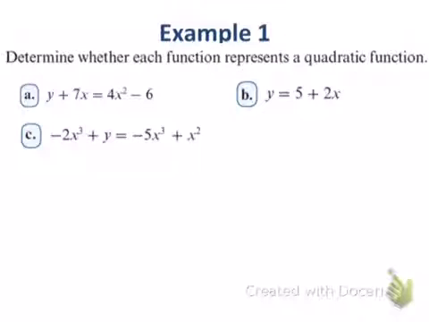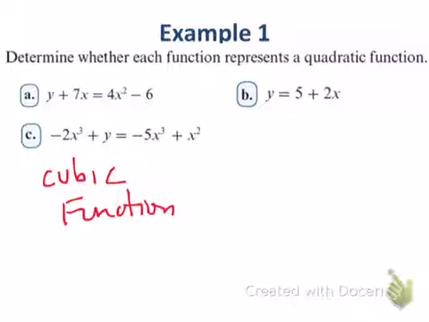Now, if the x cubed would somehow subtract away or go away when we made some changes to this, then we could still have a quadratic expression. But we can't make the x cubed go away. This, which we haven't defined yet and may not in Algebra 1, is a cubic function, because it has a cube in it.